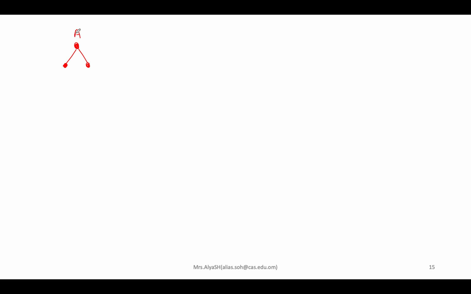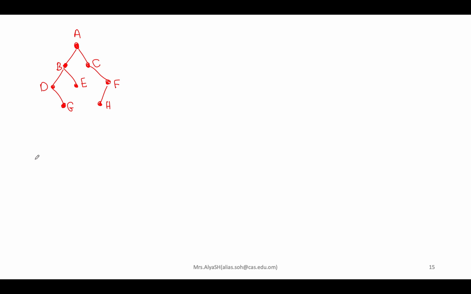So here A, B, C, D, E, and here we got G. For C we have F and H. Here the tree is quite complicated because, as we said, each subtree is a root, left and right.